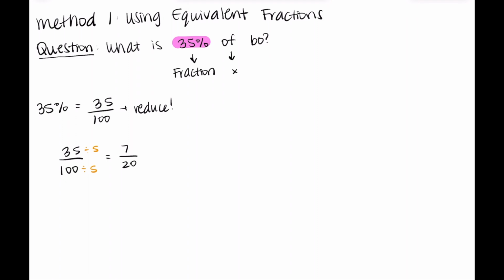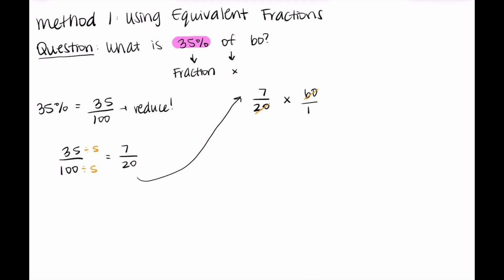We know that "of" gets decoded to multiplication. We go through these words in my last video, the algebraic equations introduction. So now we're going to do 7 over 20 times 60. And since we're multiplying a fraction by a whole number, we'll go ahead and put that 60 over 1 so we can multiply across. Let's cross cancel first though.